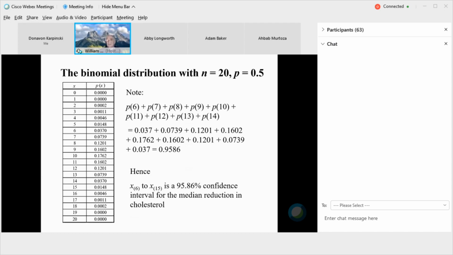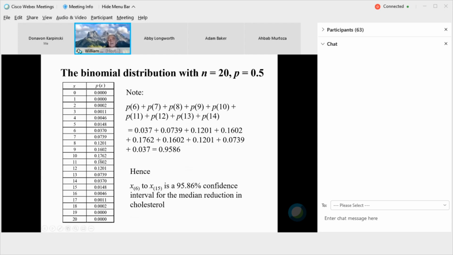There's the binomial distribution with n equal to 20, p equal to half. What you do is you take the center value, which is 0.1602. Then you add the two values on either side.